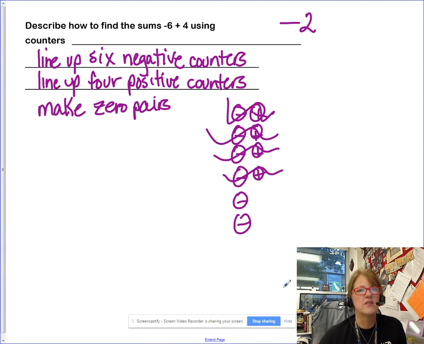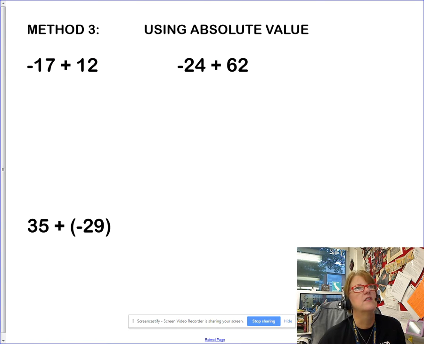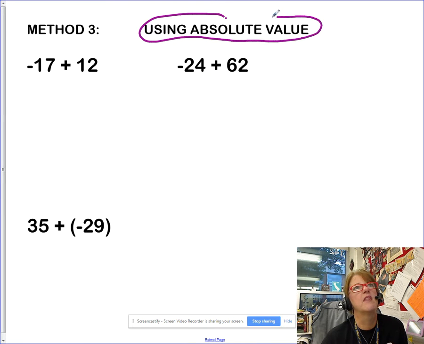Now, as you practice and do more and more of those, you might start realizing that you can actually do this the absolute value way. Yesterday we did number line. Just now we did counters. And when you get larger numbers, it gets to be a little more challenging.